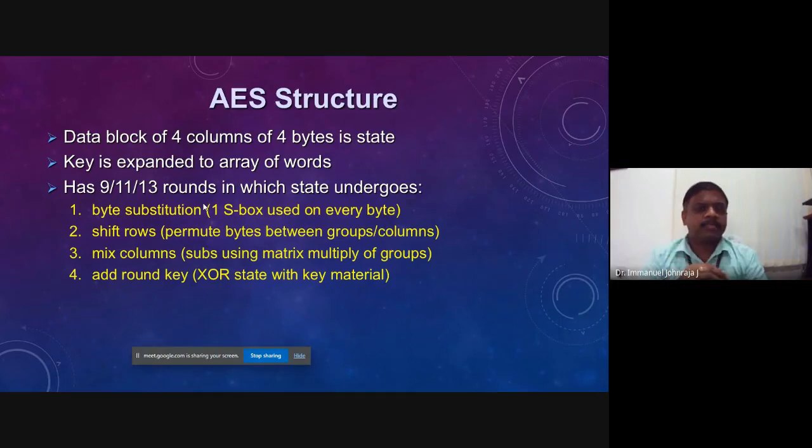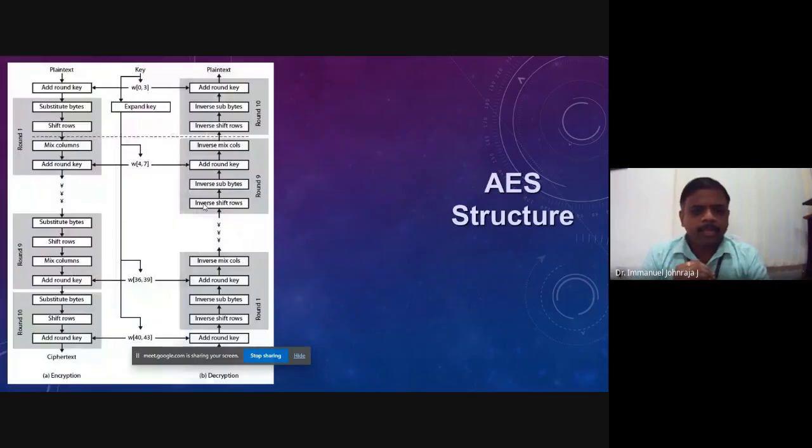A simple XOR operation is given there. So one round of transformation is done. Then the state goes to the next round, where again these 4 transformations happen. Round key is added, third round and fourth round, and so on. In the last round, we miss one of the transformations. We'll see that.